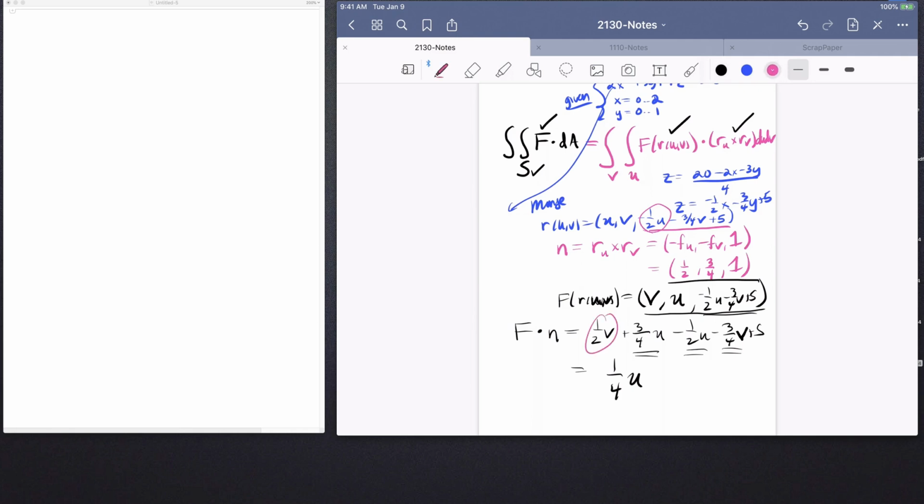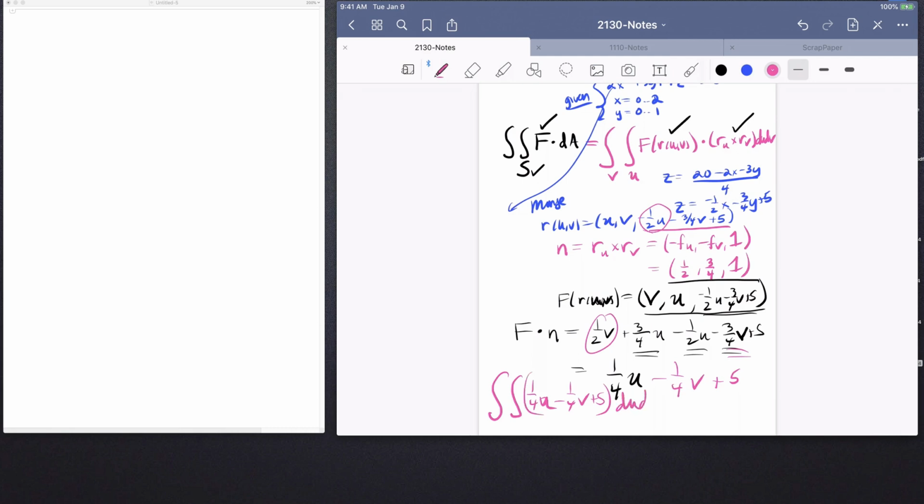And then the v's: 2/4 v minus 3/4 v, so minus 1/4 v, plus 5. So that is what we need to integrate. We need to do a double integral of that dot product, 1/4 of u minus 1/4 of v plus 5.